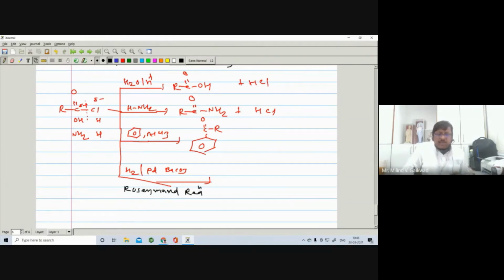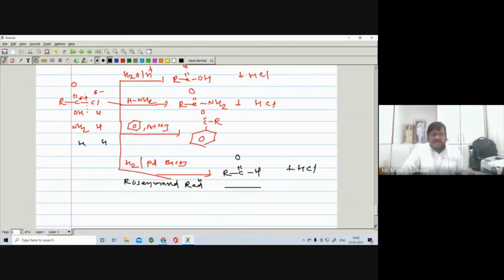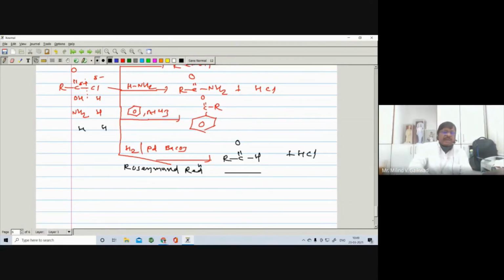It is also a very important reaction, because you add H and H on the C-Cl bond, and you get the corresponding aldehyde plus HCl. So these are some of the chemical reactions given by acid halide.